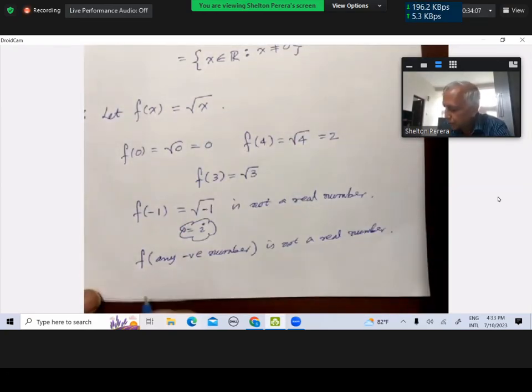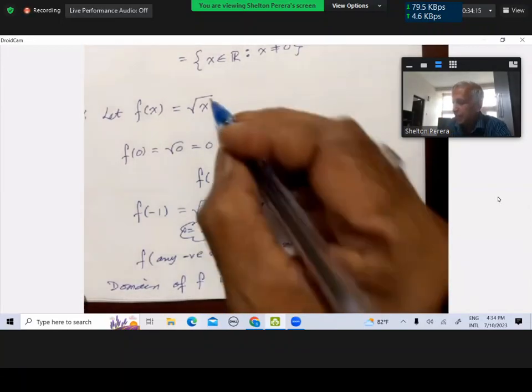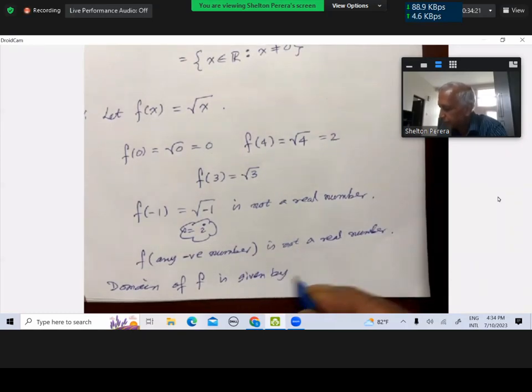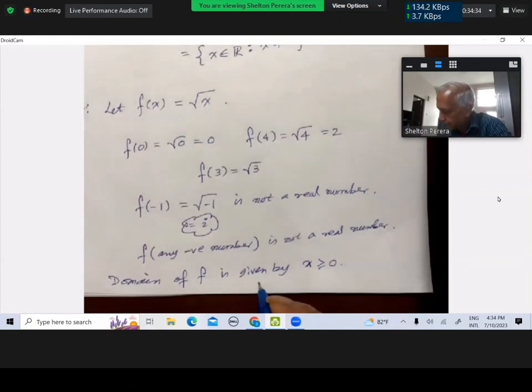So the domain of f, after analyzing, is given by x greater than or equal to 0. This can be written as a set.